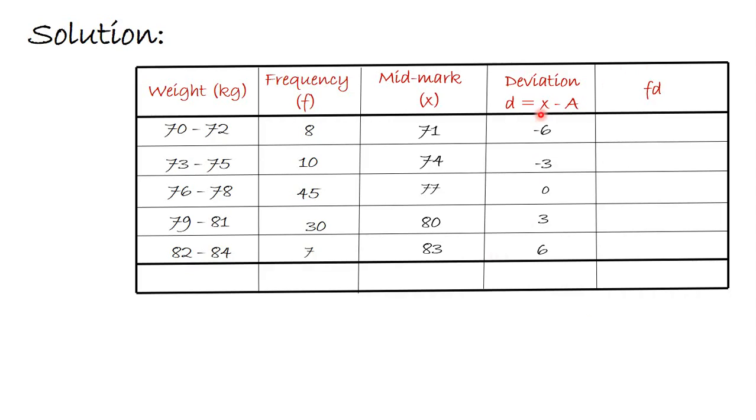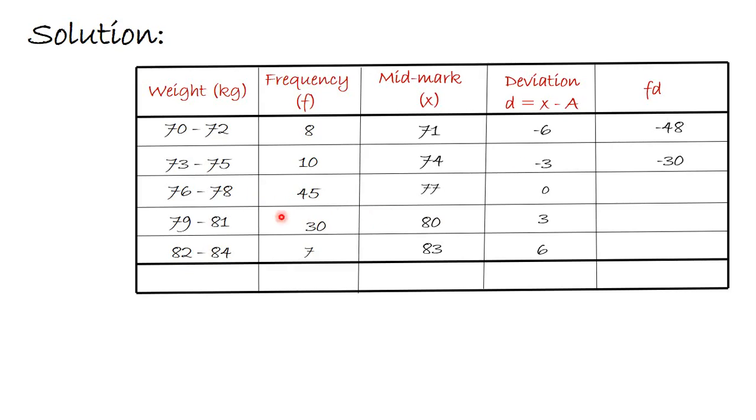Now we are going to be getting fd, that is f times d. That is the frequency times the deviation. Let's get the calculators ready. So we shall have 8 times negative 6, that is negative 48. 10 times negative 3, that is negative 30.